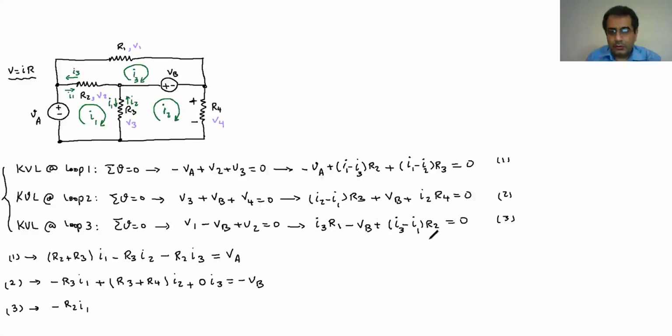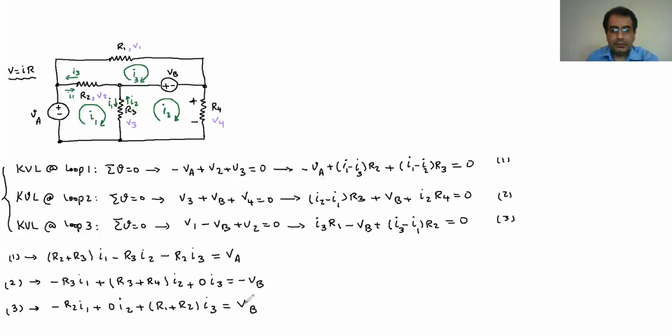Then for the I2, we don't have any I2 here, so I put 0 I2. And for the I3, we have R1 and R2, so it's R1 plus R2 times I3. And then we take the constant to the other side. It's going to be VB.